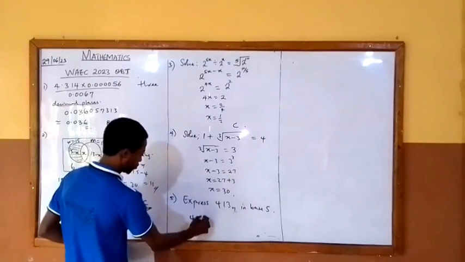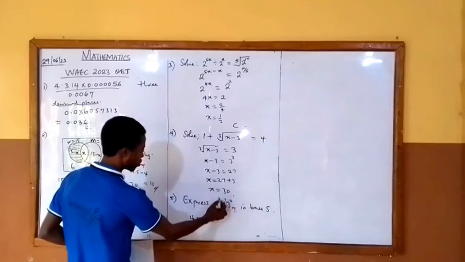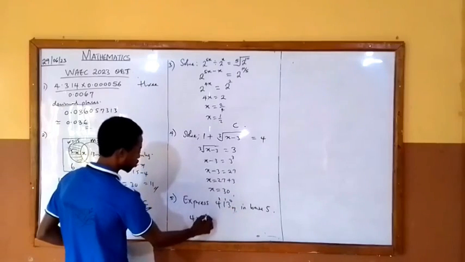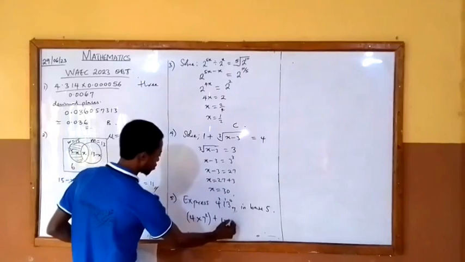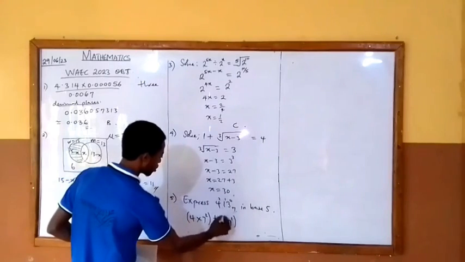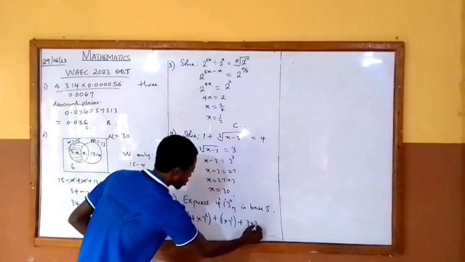times 7. You know this will be raised to power 0, 1, 2, and that's 4 times 7 raised to power 2 plus 1 times 7 raised to power 1 plus 3 times 7 raised to power 0.